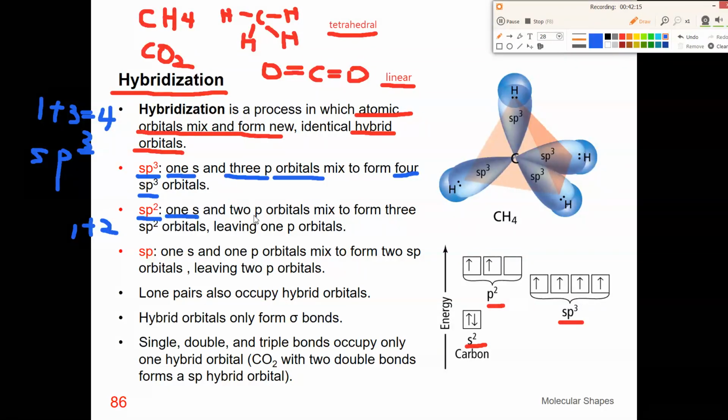There's 1 s orbital and 2 p orbitals, and this mixes to give 3 sp2 orbitals. And sp orbitals are 1 s plus 1 p. The superscript number is the number of orbitals. So 1 s and 1 p form these 2 sp orbitals.